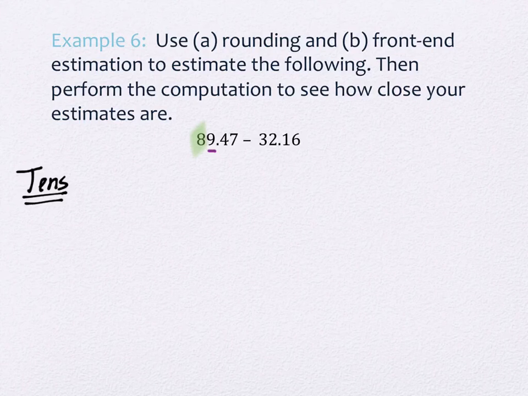I'm going to round it up. So what will the 89 and 47 hundredths become? 90. Over here, I've got the 3, and I'm looking at the 2. So what will the 2 do? Round it down, which means that the 2 and everything after it, they get zapped, and I just have a 30 here, right? And if I subtract, I get 60.